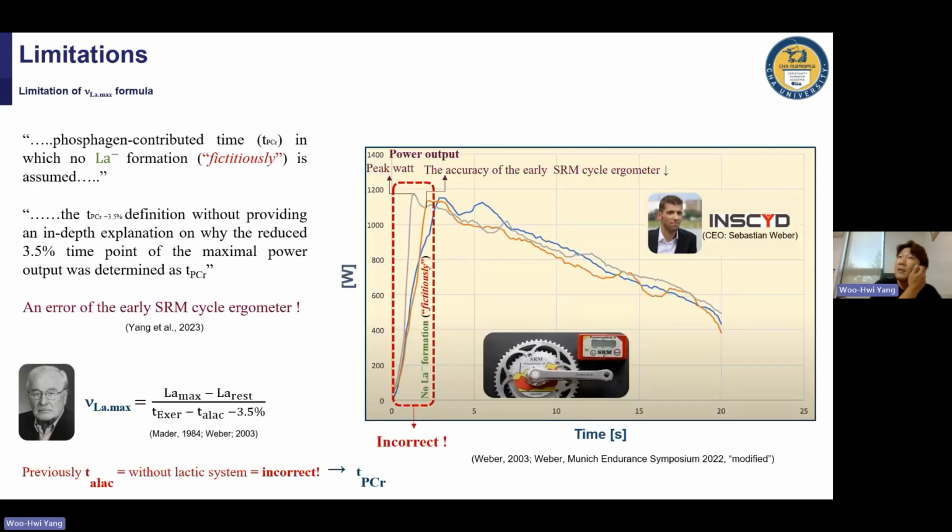However, this definition originated from the precision of power measurement on the early SRM bicycle ergometer, which was investigated in Sebastian Weber's diploma thesis in 2003. Here on the right side, we see the peak power outputs of an early version of the SRM bicycle ergometer, which showed differences between several measurements.